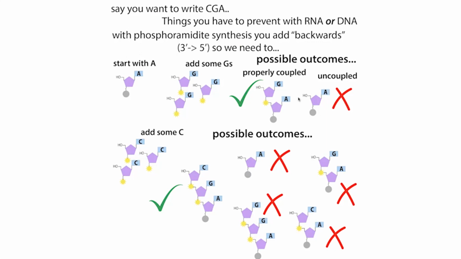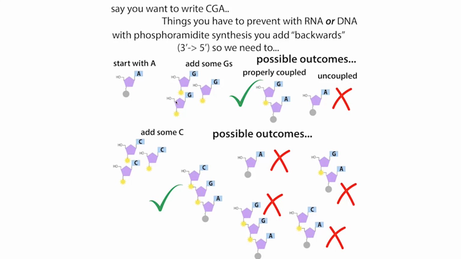And this is something that we're going to need to remove, or at least stop from reacting again, because if you were to take this uncoupled product and add some C, well, now what could happen is that if it was unprotected, this A could then bond to the C, and this is going to give you this AC sequence, which is not what you want.